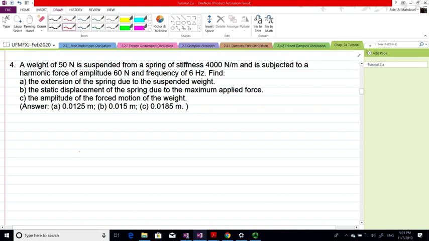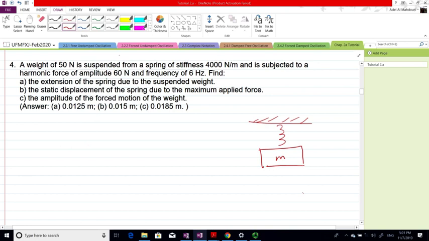Question number 4 says a weight of 50 Newton is suspended, okay? So it's suspended from the ceiling, we have a mass, which is 50 Newton, right?